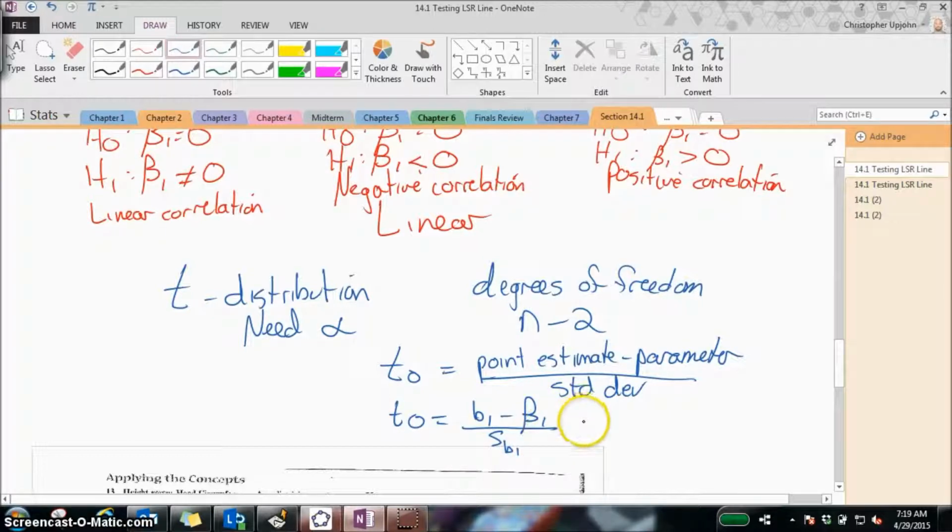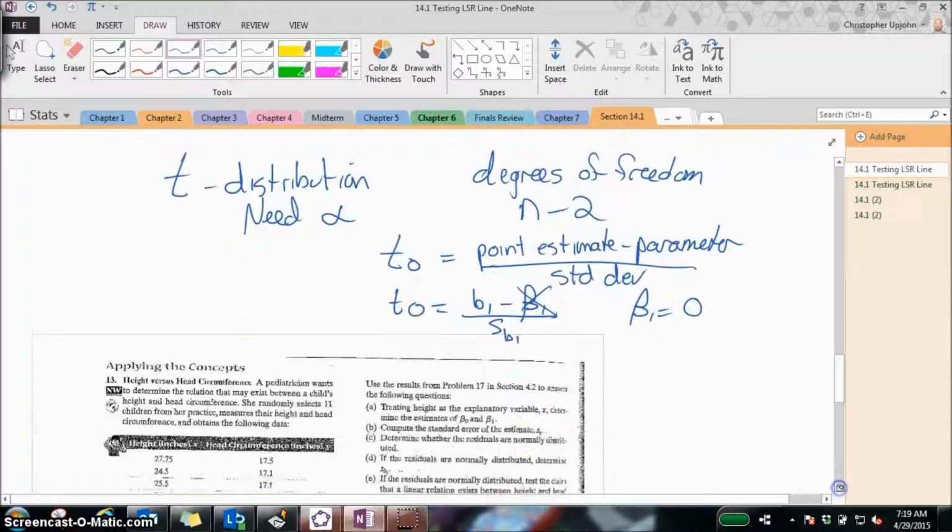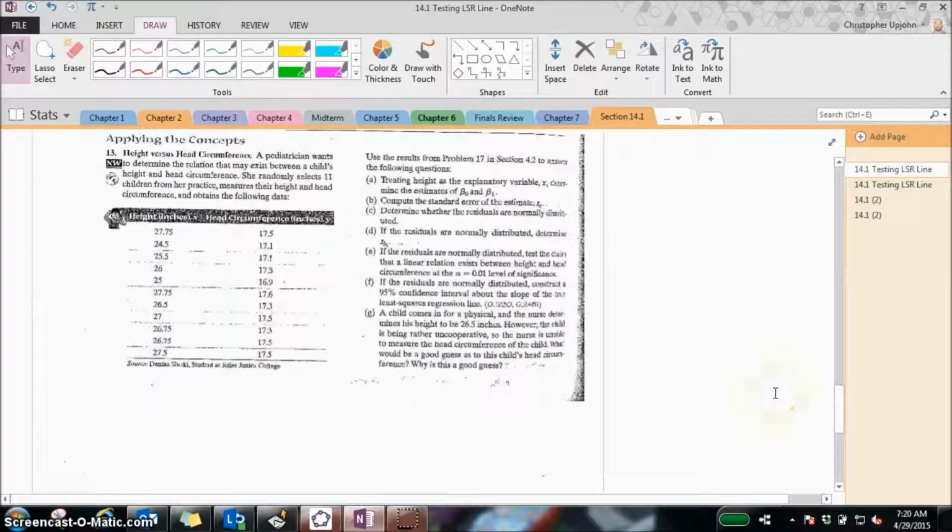And we'll talk about that more in a little bit. It's written different on the calculator. And of course, we're going to use our calculator to cheat and do all this. And remember that beta 1 is really 0, so that doesn't really do anything there. So all we have to do is plug this in the calculator, get our data, and start doing something.